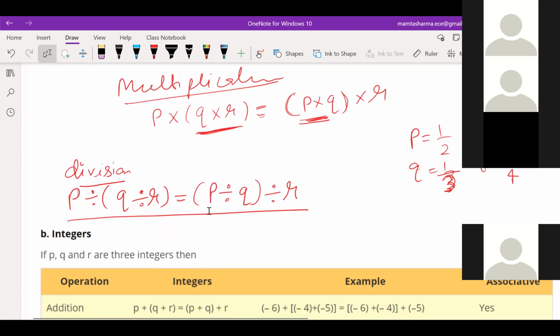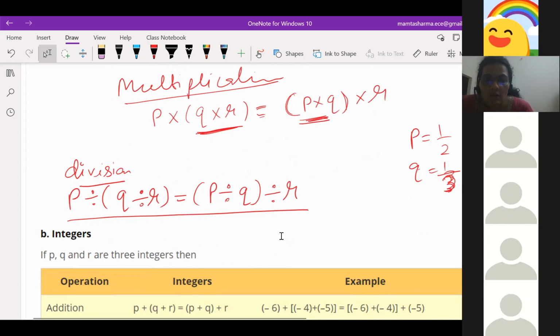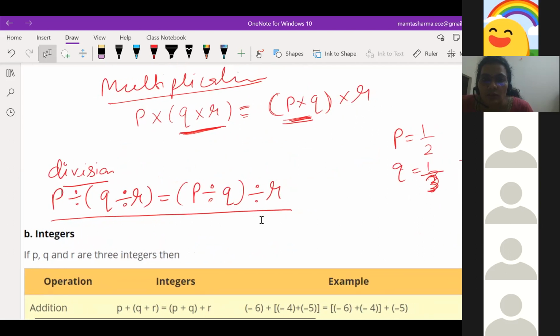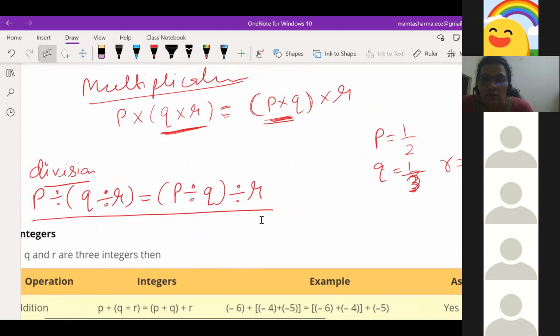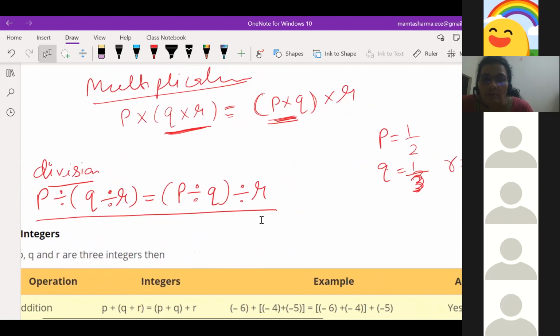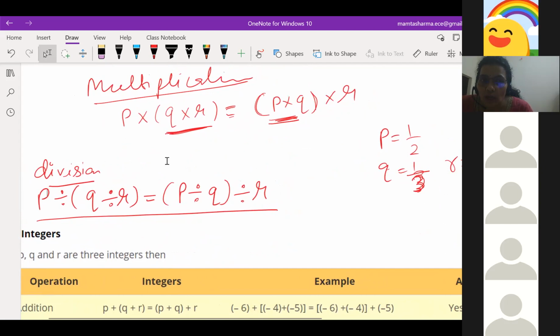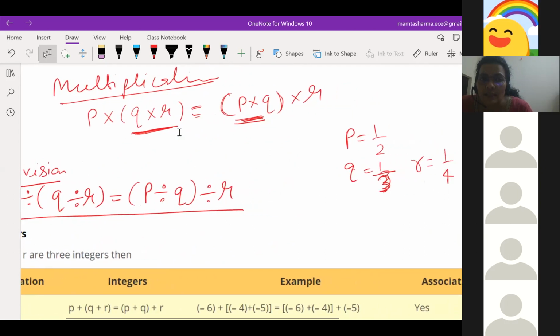Now check it for the division. Do it fast. Shamant, tell me. I didn't understand what I should do. I have given you P, Q, R. Just put the values of P, Q, R and see whether the LHS and RHS are equal or not. No, ma'am, in division it's not equal.